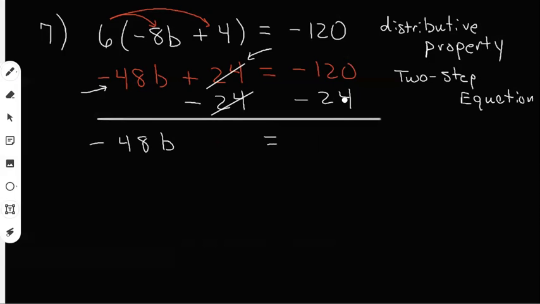On the other side, if I add these two numbers up, I'm going to get negative 144. So the last thing I need to do is divide both sides by negative 48. That way, we'll get the variable by itself.